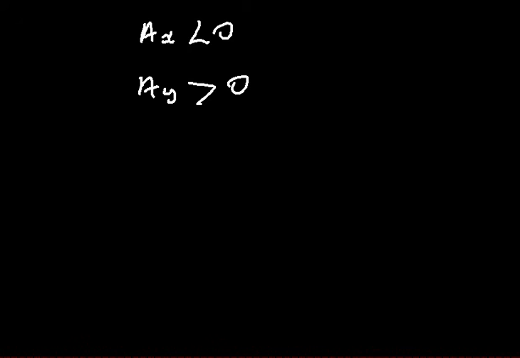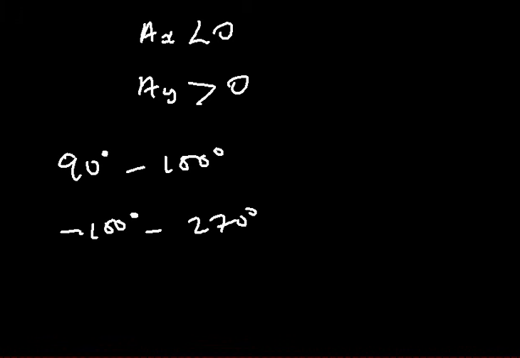The quadrant with x negative and y positive is the second quadrant. And what are the possible directions? The possible directions must be 90 degrees to 180 degrees, or the possible directions can be negative 180 degrees to negative 270 degrees, that is, if the angle is measured in a clockwise direction.